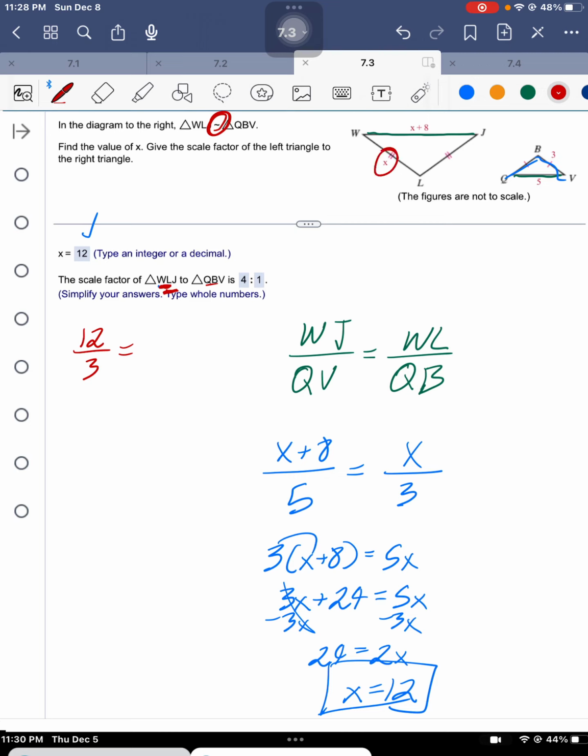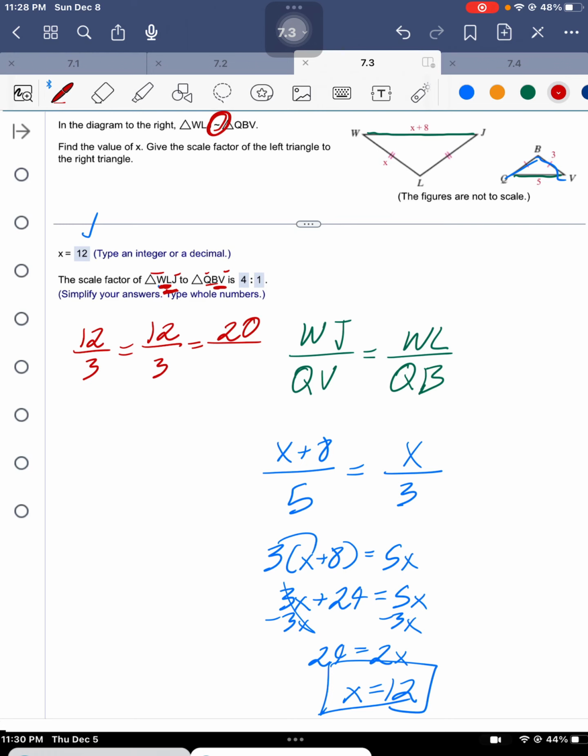We can do it. LJ, what's LJ? LJ is also x, right? Because of the tick marks. So LJ is, what's x? 12. 12 over, what is BV? BV is also 3. And then JW. JW is x plus 8. What's x? 12.